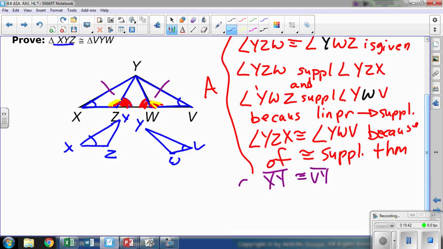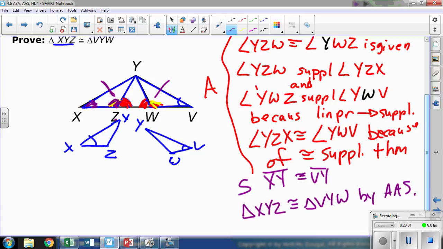That gives us our side. And since we've got the order, angle, angle, side, we could finish it off and simply say triangle XYZ is congruent to triangle VYW by angle, angle, side.